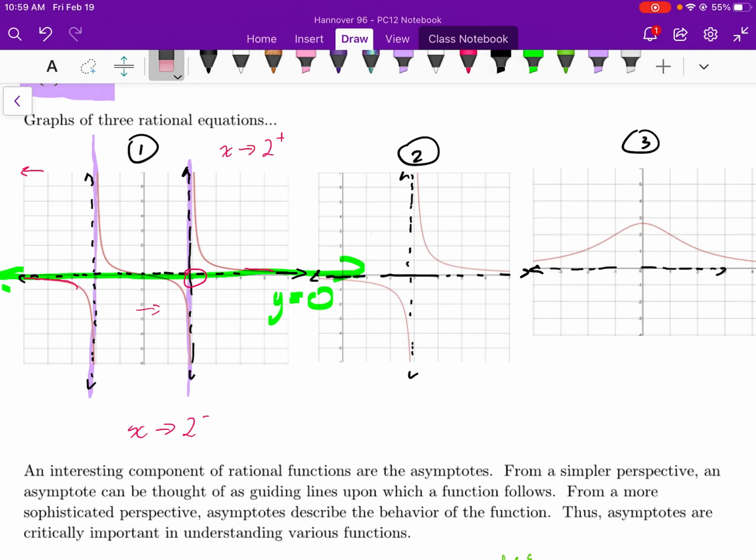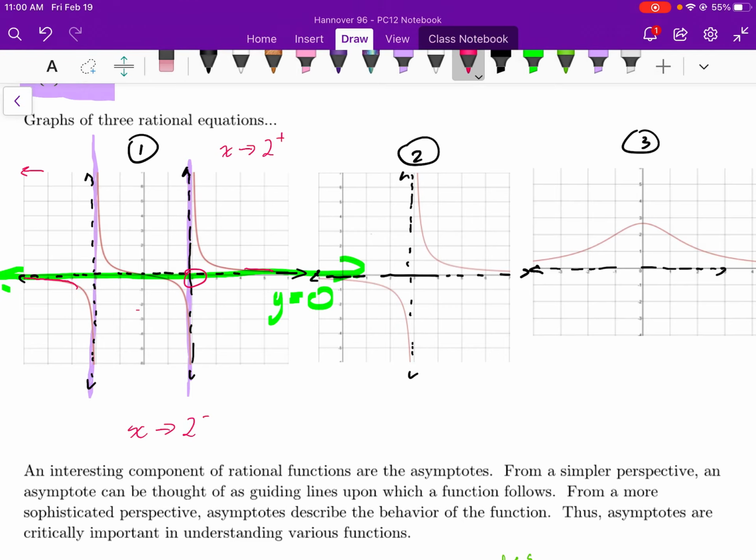Basically, I like to think of a vertical asymptote as almost like a force field where your function goes boom. You can't cross a vertical asymptote, and there's good reason for that, but your function will deflect either all the way up or all the way down. And when I say all the way up, I mean as it approaches positive infinity.